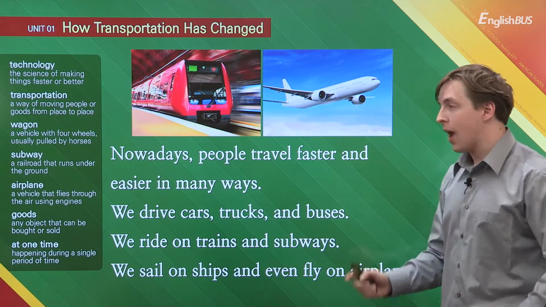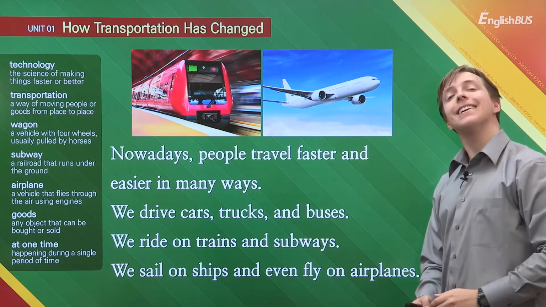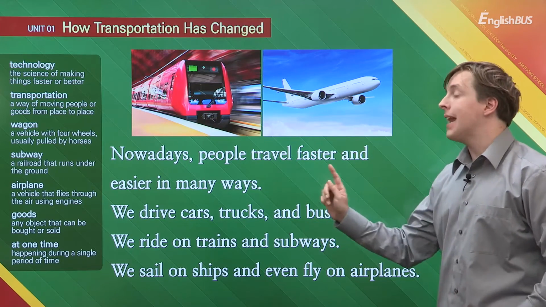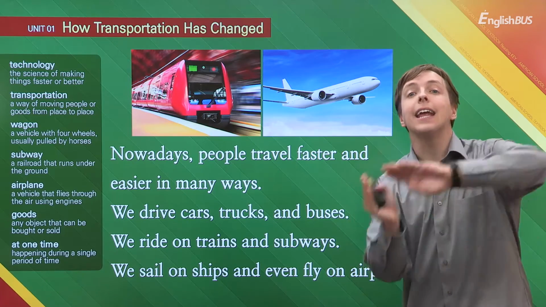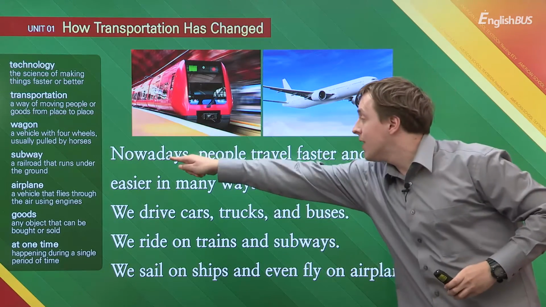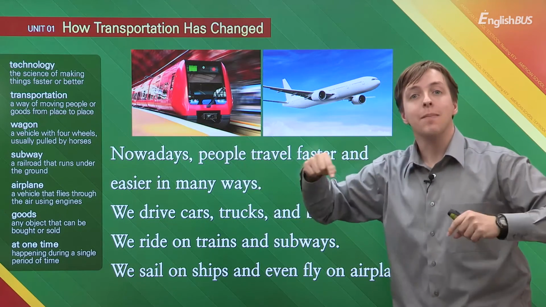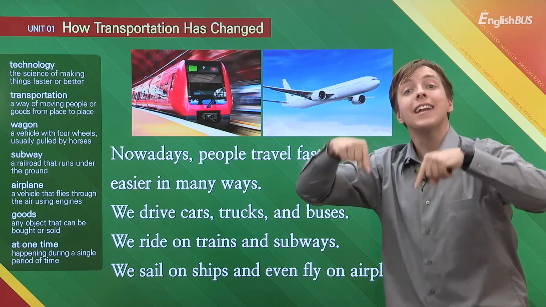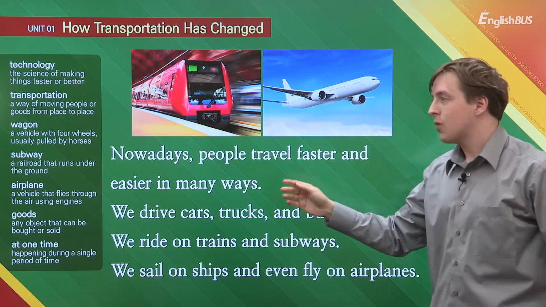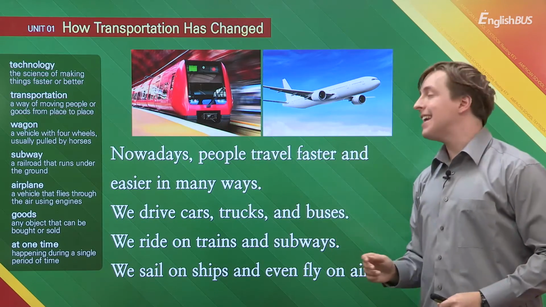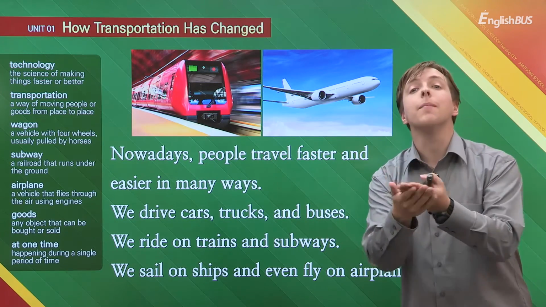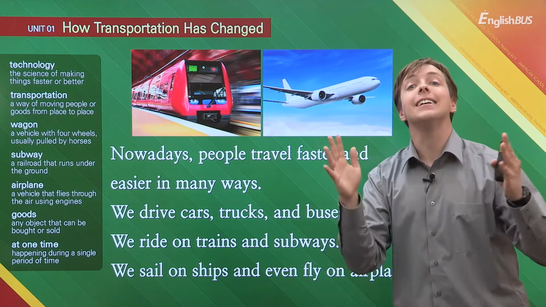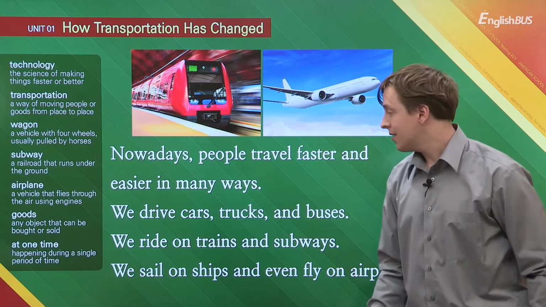Nowadays, people travel faster and easier in many ways. So, we used a wagon in the past. But this word, nowadays, means the present, right now. People travel faster and easier in many ways, not one, but many ways, many different ways.